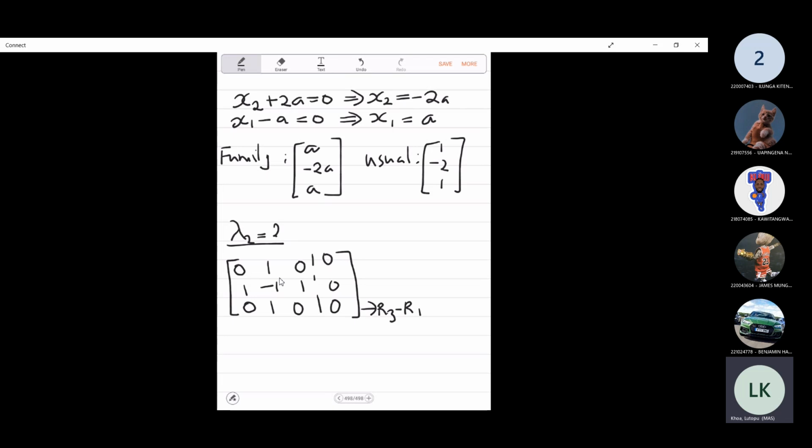And here we can also make a 0 and say row 2 minus row 1. So we have 0, 1, 0, 1 minus 0 plus here minus 1 plus 1, then 1 plus 0, 0, and this is just 0, 0, 0, 0.